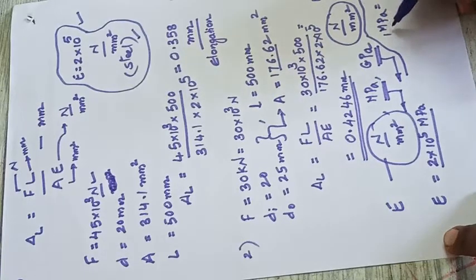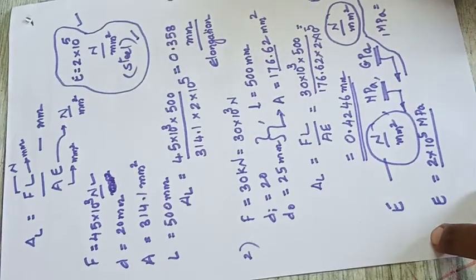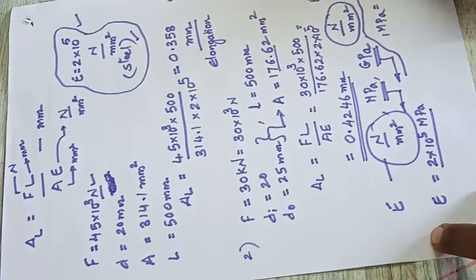MPa is megapascal, so 1 MPa is 10 raised to 6 Newton per meter square. Pascal is Newton per meter square. The only thing is you have to convert that meter square into mm square.